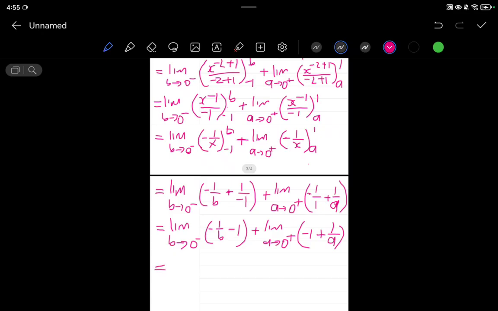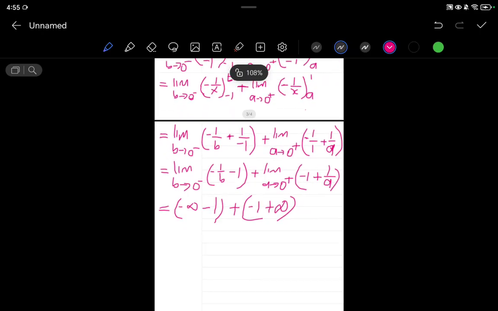So if I apply the limit here, if I apply b on this side, I'm going to get what? Minus infinity right now. Minus 1 plus, if I apply it here, minus 1 plus infinity. We agree right now? And this would be minus infinity plus infinity. We'd get something like this. We agree right now? Do you agree?